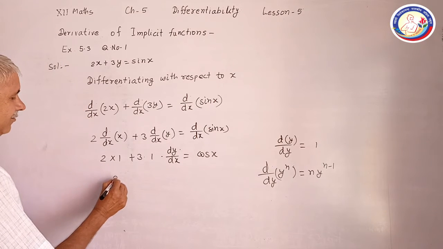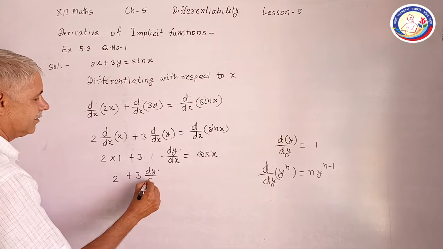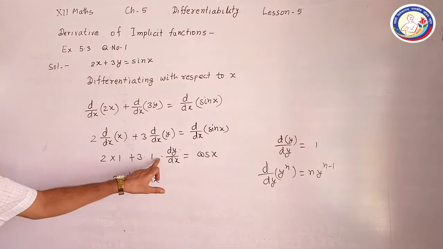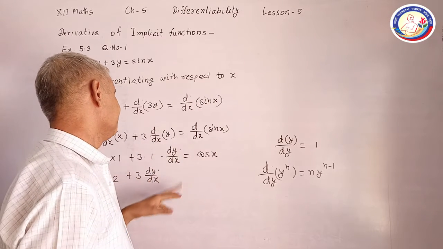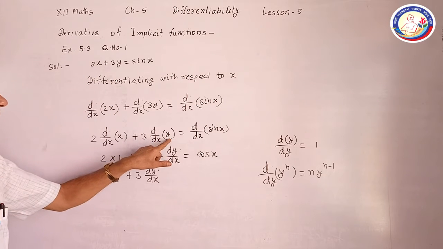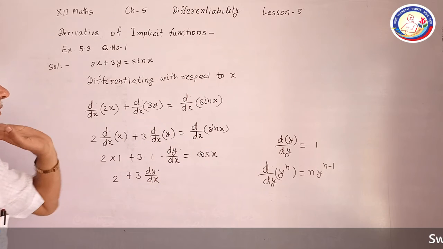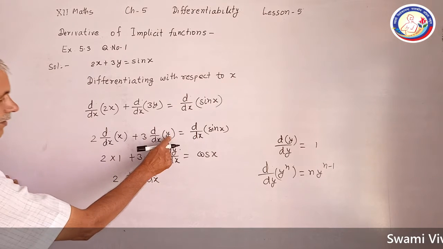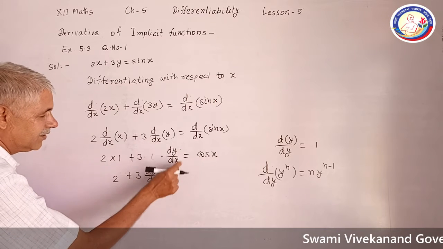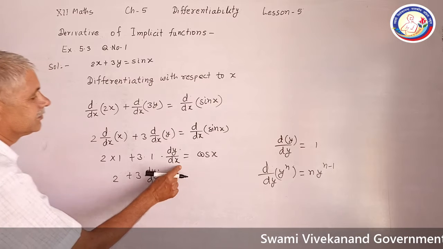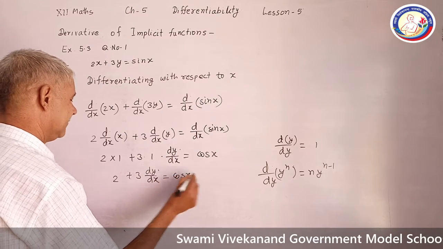Simplify this: 2 into 1, that is 2, plus 3 into derivative of y with respect to x. Again, repeating, first differentiate y with respect to y and then y with respect to x. So derivative of y with respect to y is 1, and then derivative of y with respect to x will be simply this, cos x.